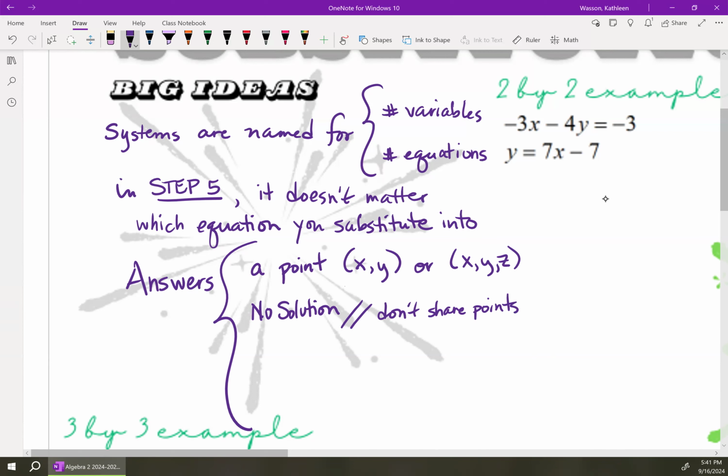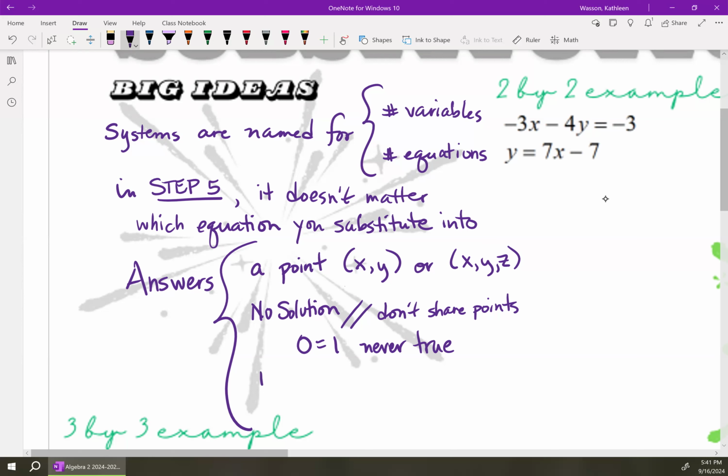Algebraically, that looks like an equation that's not true. We'll say 0 equals 1. This is never true. Also, notice there are no variables here at all, just numbers. There's nothing I can do to make this equation true. When you get an equation that is not possible, that's a no solution answer.